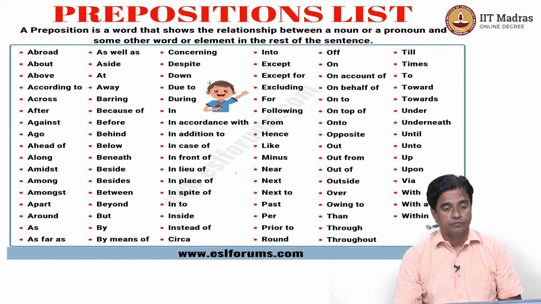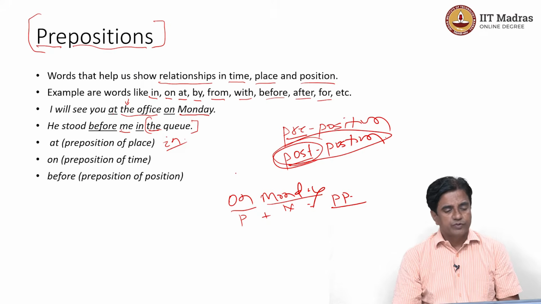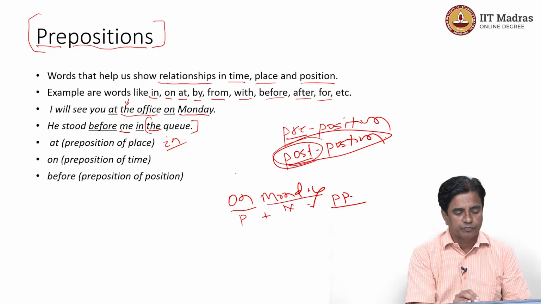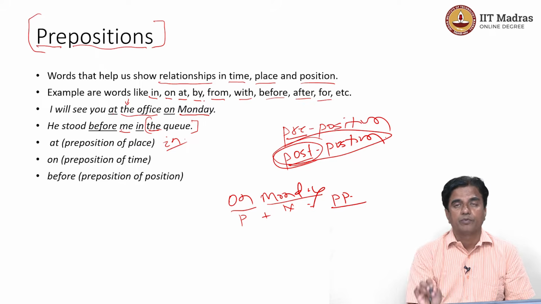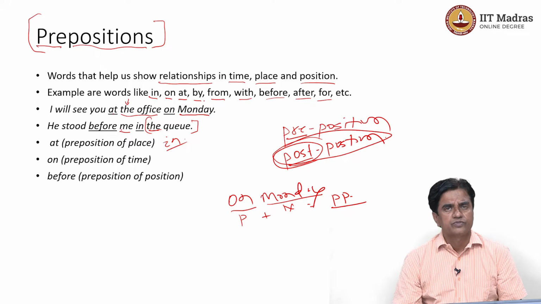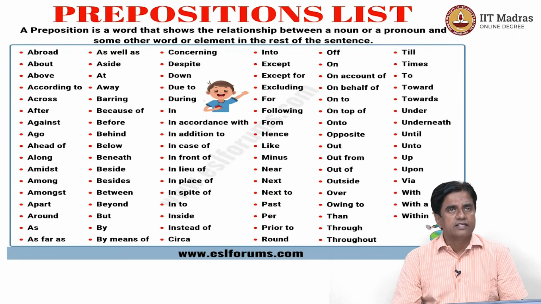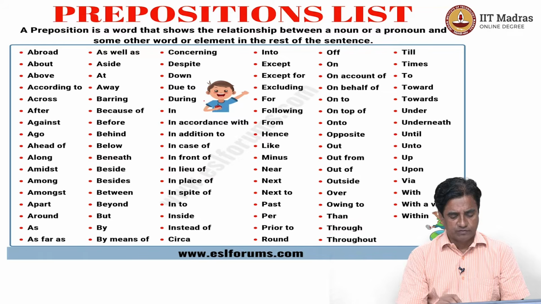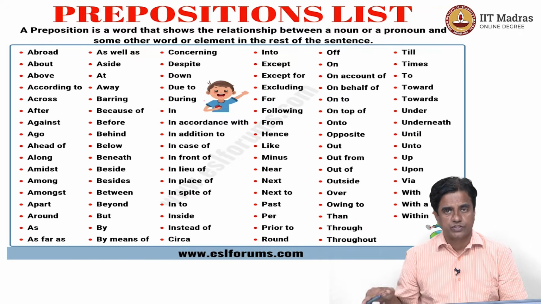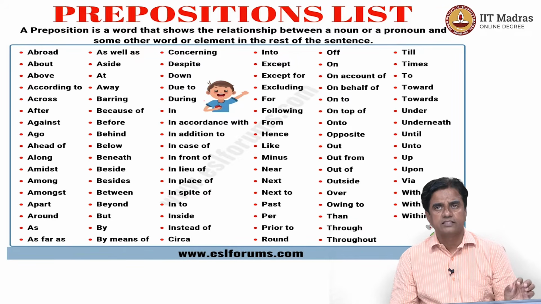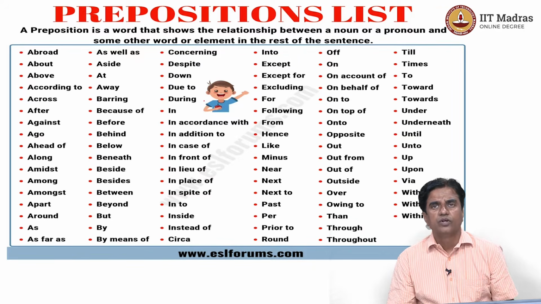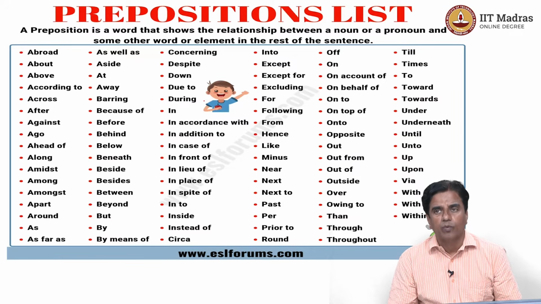Now, we move to the functions of prepositions. We talked about just three or four in two sentences, and we give you a set of prepositions which are most often used. We have taken this list from a particular source which we acknowledge here, and it gives you a list of a lot of prepositions in one place.